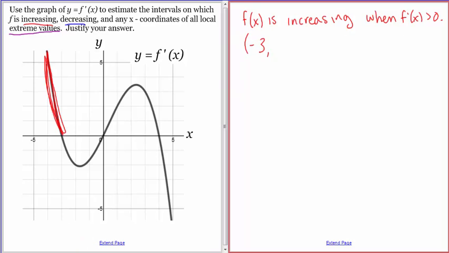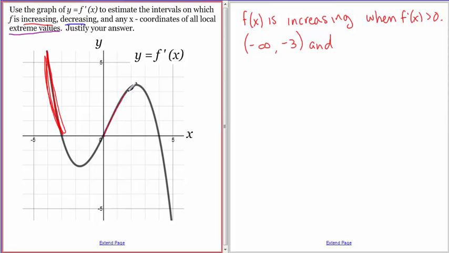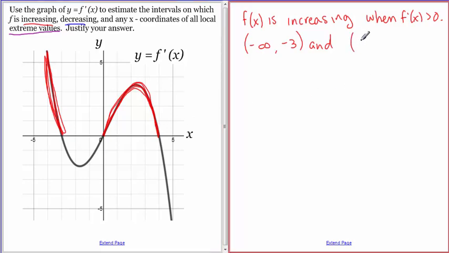For numbers less than -3, so from -infinity to -3, and whenever from 0 to 4. So whenever f prime of x is positive, so the actual graph is above 0. So from 0 to 4.